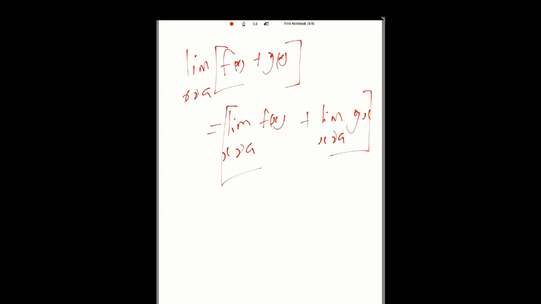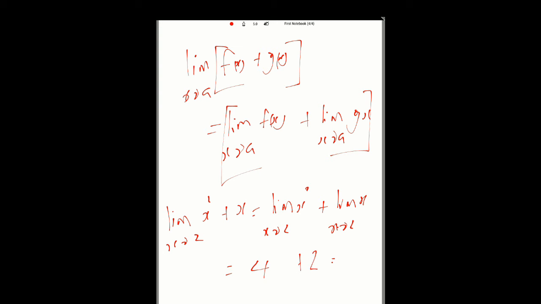For example, let's say we're looking at the limit of x squared plus x as x approaches 2. Based on the property that we looked at a while ago, that would be equal to the limit of x squared as x approaches 2 plus the limit of x as x approaches 2, which, as we learned before, would be 4 plus 2, which is equal to 6.